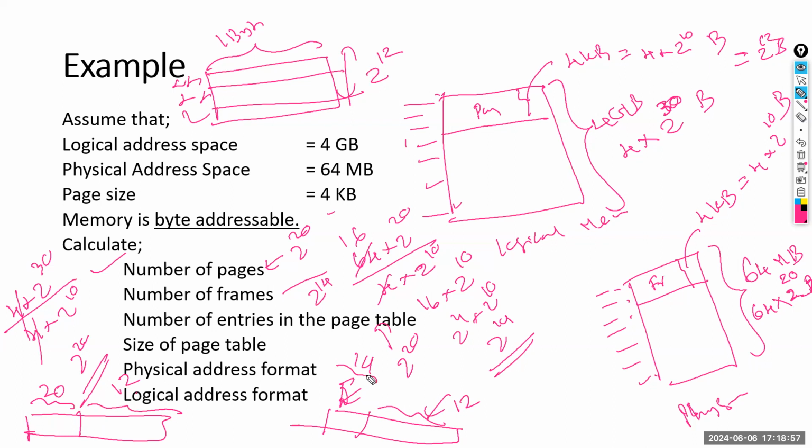Your physical address format is 14 bits and 12 bits, altogether 28 bits. So finally, we calculated the physical address format, 14 bits and 12 bits, and the logical address format, 20 bits and 12 bits.